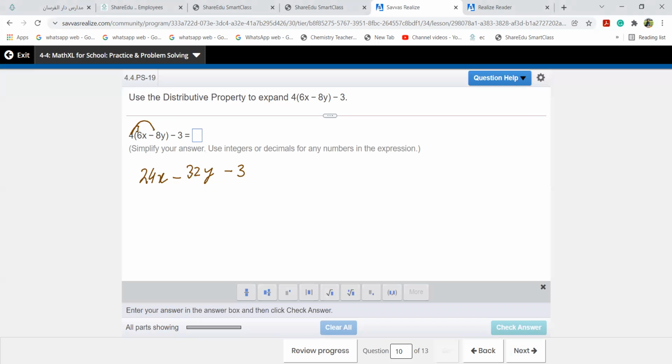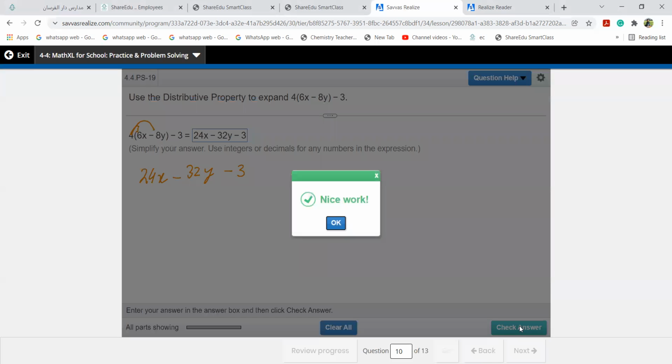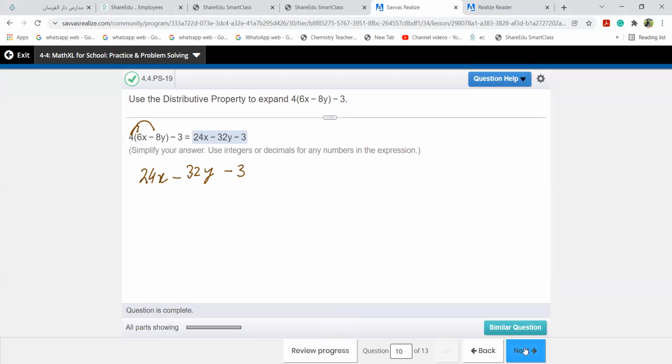Why do you multiply 3? Is it in the parenthesis? No, miss. If it is in the parenthesis, you will multiply, or else you cannot multiply. See, you must have a parenthesis here. Okay. So your answer is 24x minus 32y minus 3. Understood? Yes, miss. Malak, did you understand now? Yes, miss. Very good.